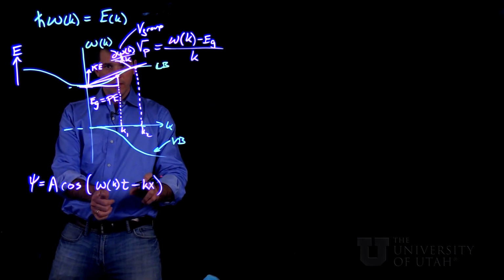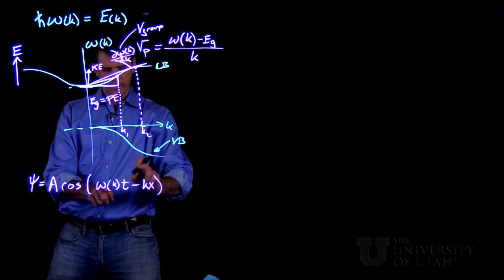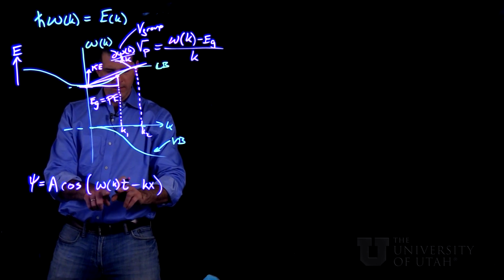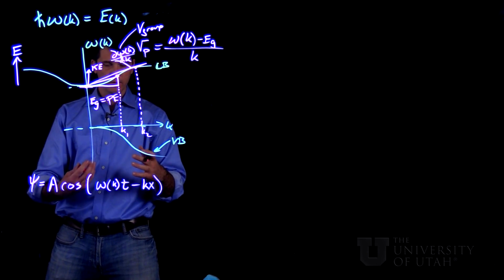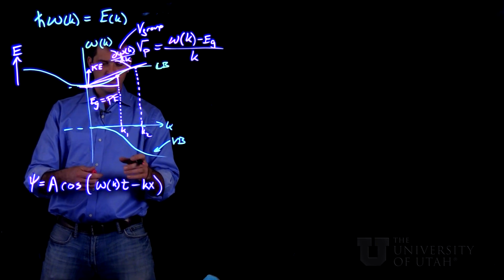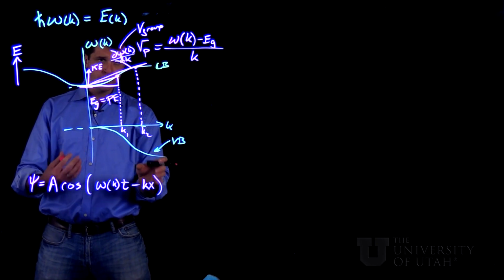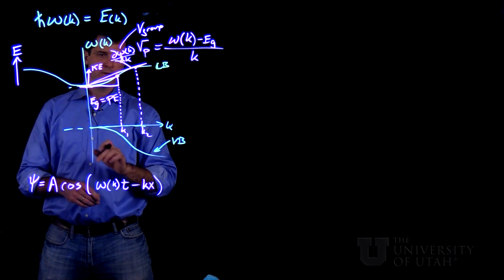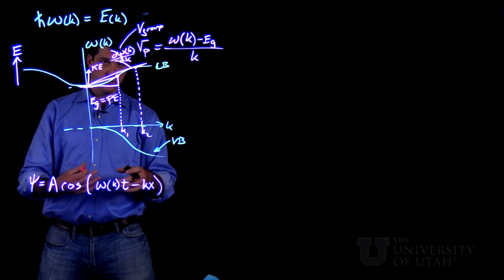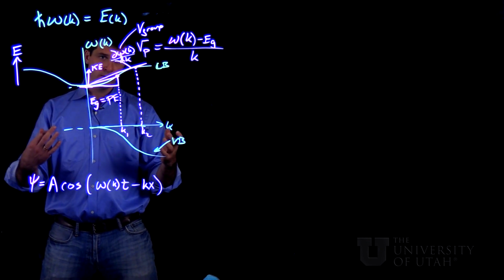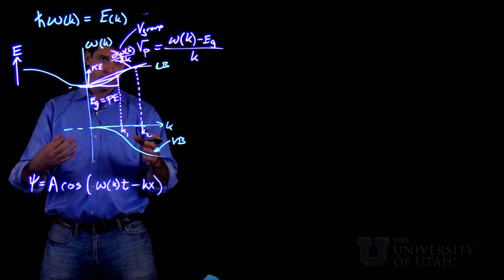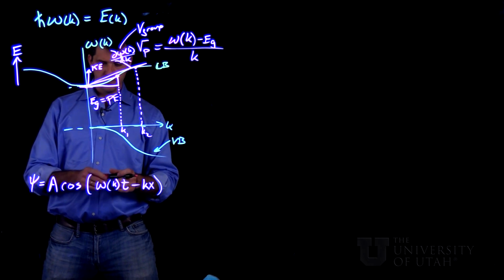So this green curve actually tells us how fast or slow the individual harmonic waves move for any value of k, or how fast or slow a wave packet representing our electron would move through the crystal. So let's relate this back to the solutions that we guessed for the Kronig-Penney model, just to tie everything together.